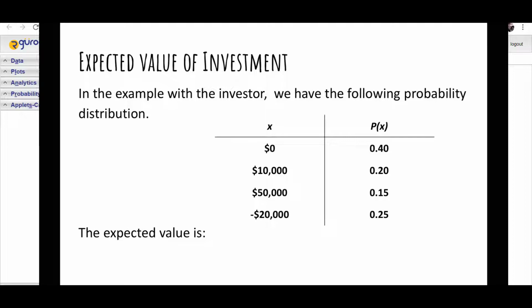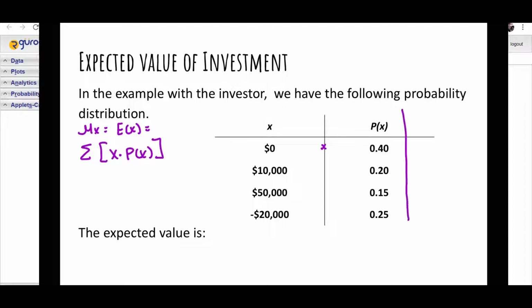So if we wanted to know what the investor should expect, you are going to multiply. Remember, the formula is the mean of the random variable, which is E of x, the expected value, is the sum of x times p of x. So we would start by doing x times p of x for each one.